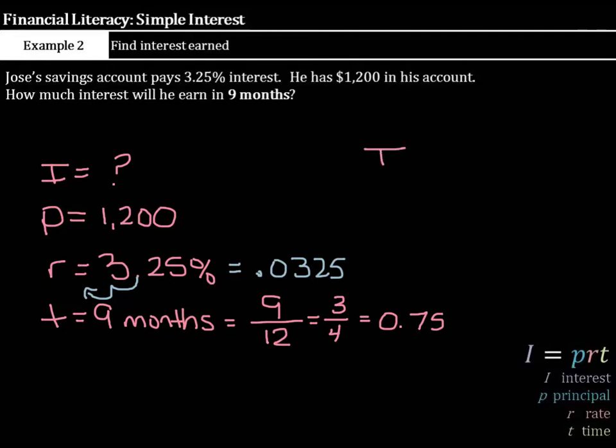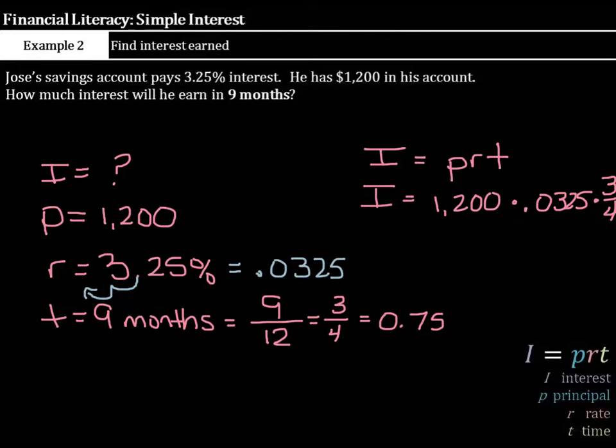So we'll start with I equals PRT, the interest we're solving for. The principal is $1,200. Our rate is 0.0325, and our time 3/4 or 9/12 or 0.75. You can use any of those three.